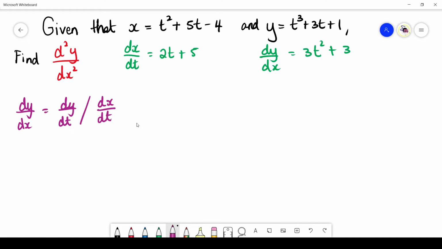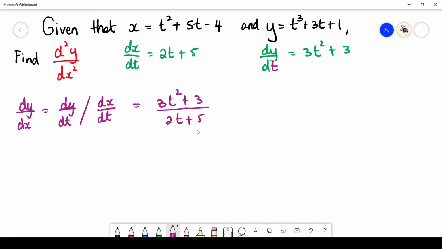All right, using this formula, let's substitute our values. So we can see that dy/dt, oh, I saw my mistake, that's supposed to be dt. There we go. So I can see that dy/dt turned out to be 3t squared plus 3. And we're going to divide that by, obviously, dx/dt.